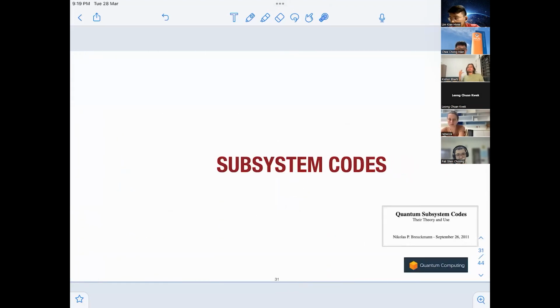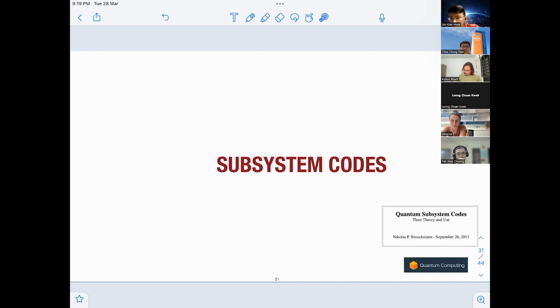If you get something that's not 0, then you will be able to detect it. Nice. You can talk about more interesting codes like GKP codes and so on, but we don't have much time, so let's proceed to discuss subsystem codes.